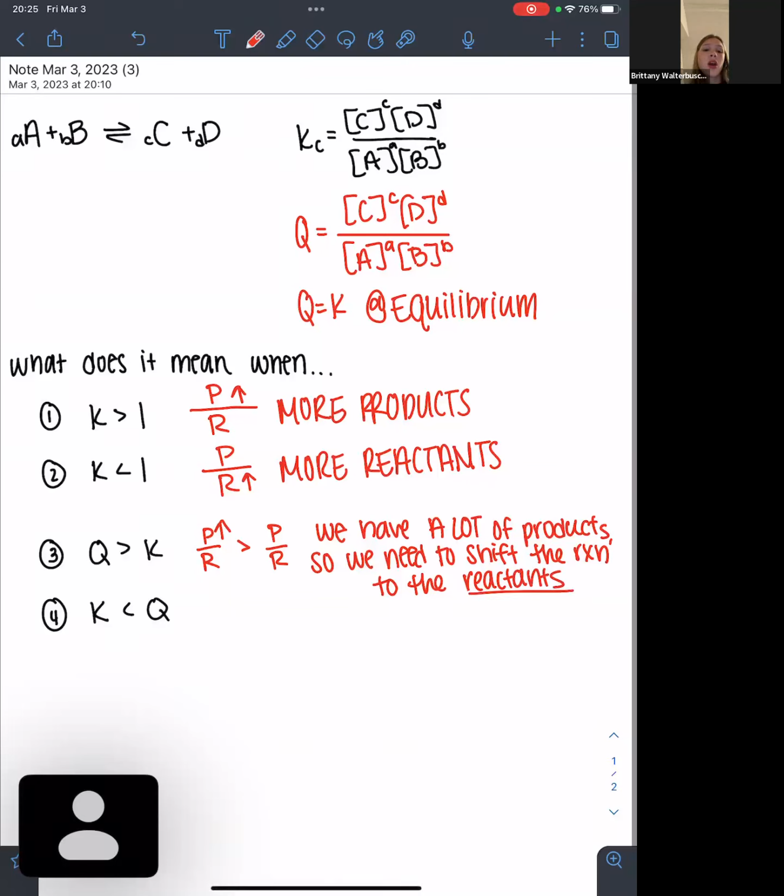So at the moment, when Q is bigger than K, we have so many products and we need to get rid of some of those and form more reactants.